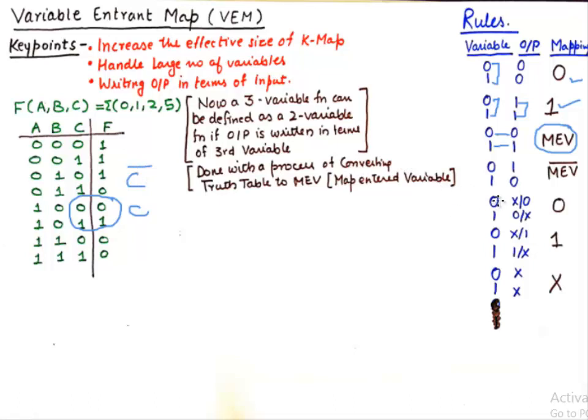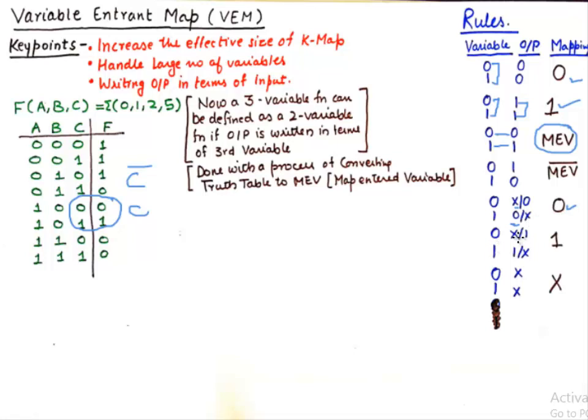And if for the value of map entered variable 0, we get a do not care and a 0. For 0 we get a do not care, for 1 we get a 0. We'll consider this do not care as 0 and the output will be 0. And if we have a 0 for 0 and do not care for 1, we'll consider this as 0 and we'll anyway get a 0.